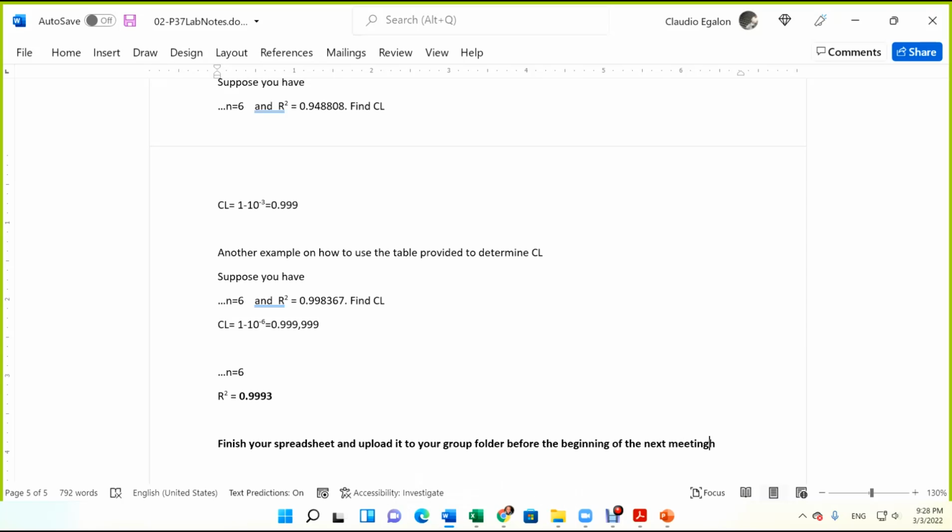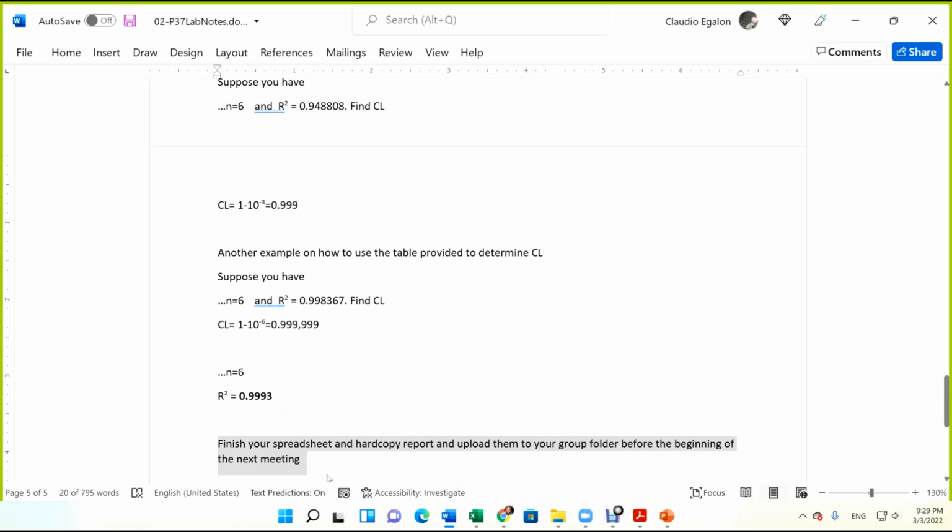It's not just the spreadsheet, but also the hard copy report. Upload them to your group folder before the beginning of the next meeting.